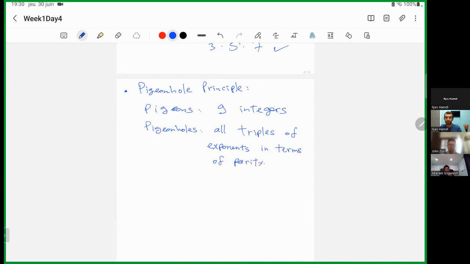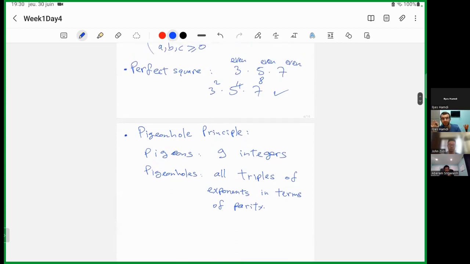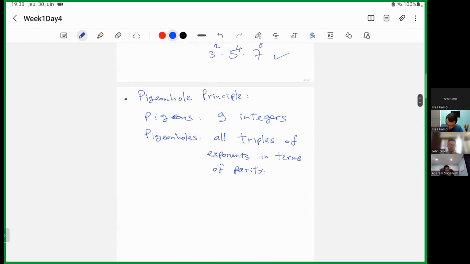So here maybe it's a little hard to understand the definition I wrote down. I'm saying all triples of exponents, so A, B, and C, the exponents, all triples, but only in terms of parity. This means I'm not considering that 1, 2, 3 are different; I'm considering them as the same, basically.